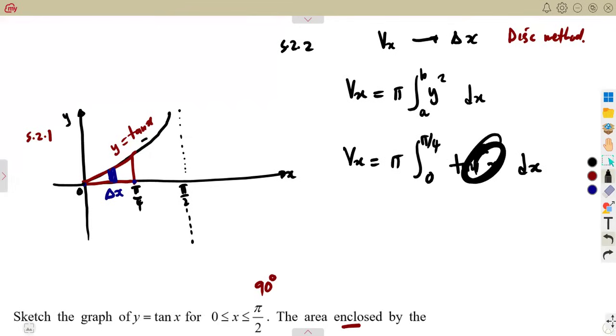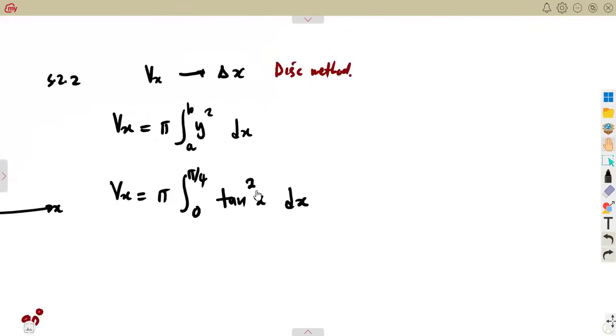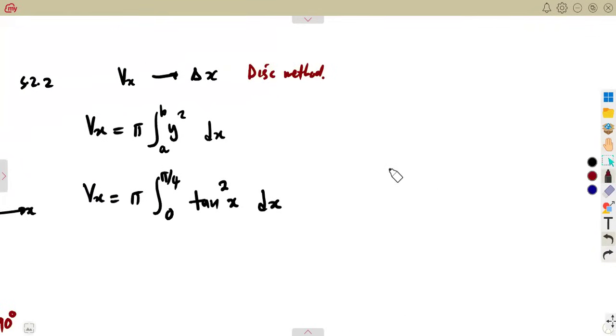This we can integrate directly because we have that from our formula sheet. Remember, we have this integral, the integral of tan squared ax with respect to x is given as 1 over a tan ax minus x plus c.